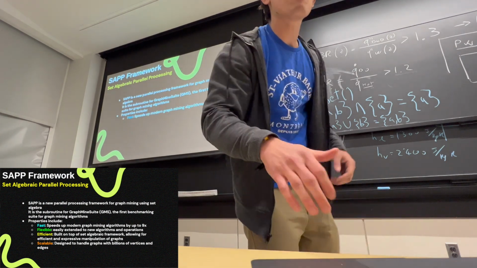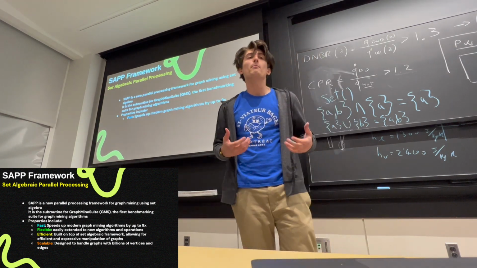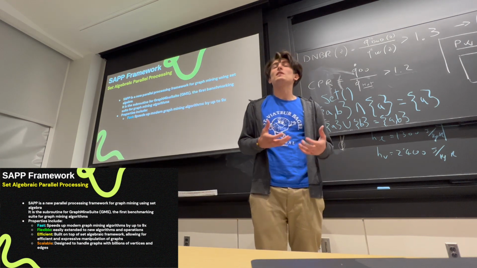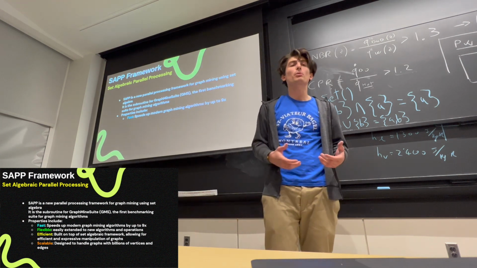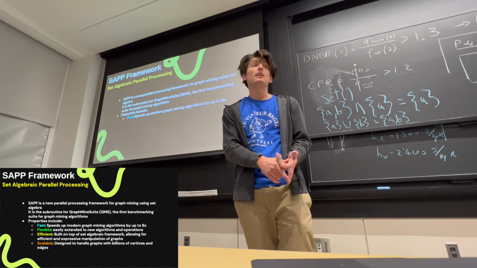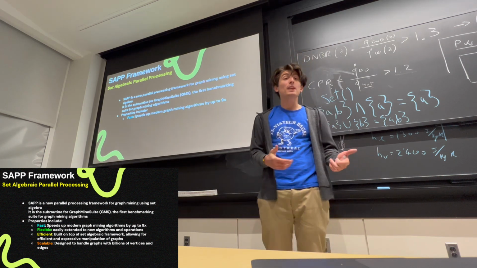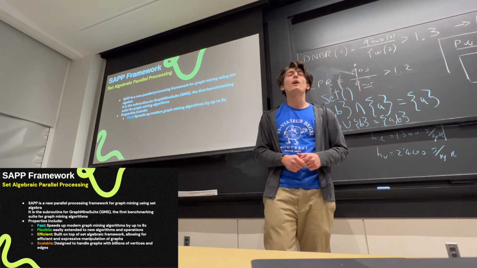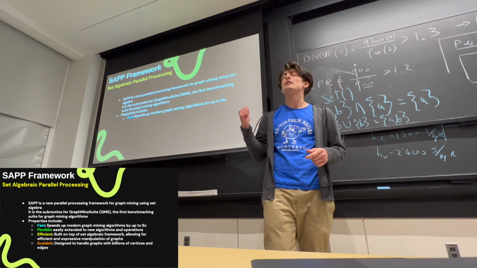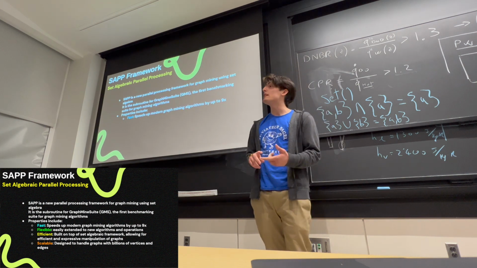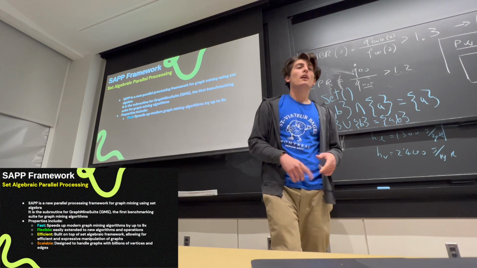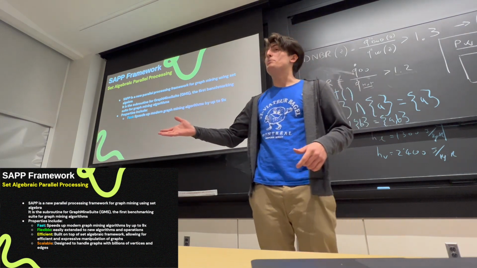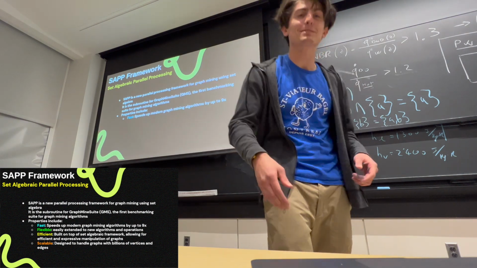Now, some properties of GraphMineSuite: the fact that it's using the SAP framework provides it with some properties. One is that it's fast. We see speed-ups of up to 9 times for the modern graph mining algorithms presented in the paper. That's pretty big. It's not, as Charles says, puny parallelism, right? I mean, this is pretty big.